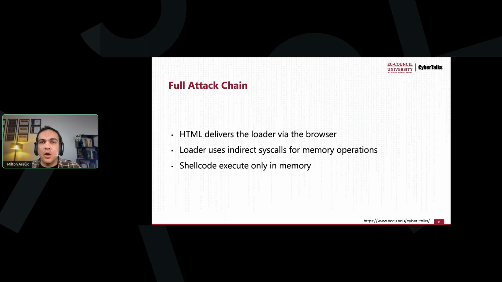Then the loader uses indirect syscalls for memory operations, and these memory operations mean allocate, write, change permissions, and finally the shellcode executes only in memory, often leaving very little on the disk. So we go from just an HTML file to kernel-level functionality with minimal classic indicators.